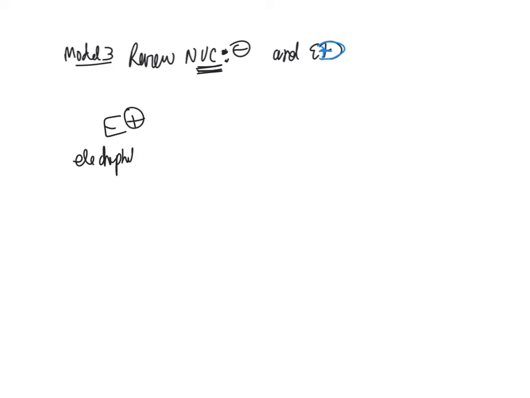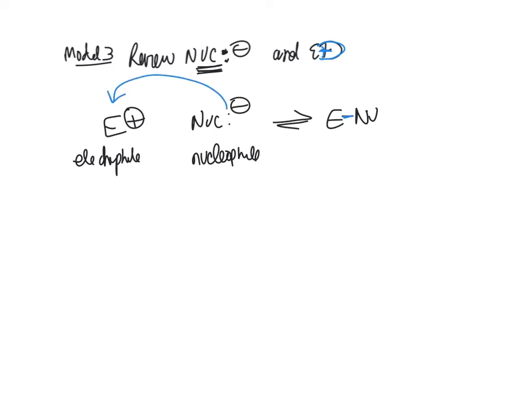Electrophile, and here we have a nucleophile. E, Nu. So you see how it forms a bond here. Those electrons go here. And this is the way you should always draw your electron flow arrows.